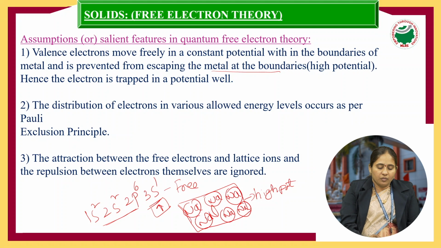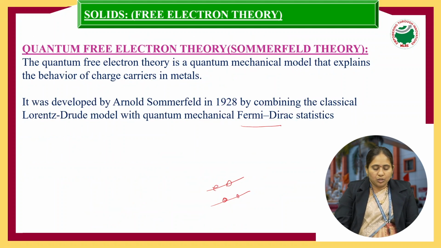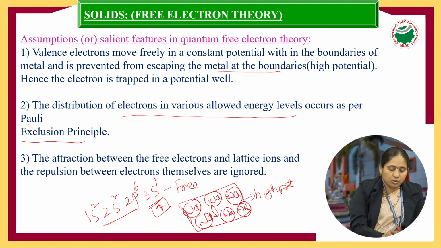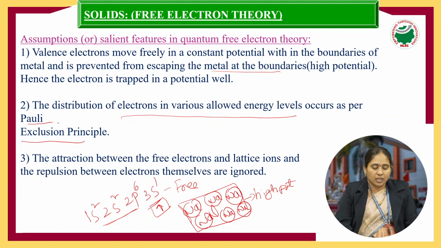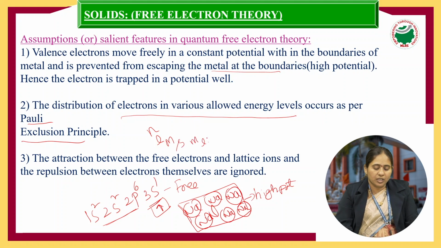The distribution of electrons in various allowed energy levels follows Pauli's exclusion principle. So here the assumption is FD statistics, and also Pauli's exclusion principle. What is Pauli's exclusion principle? No two electrons can have the same set of quantum numbers: the orbital quantum number, azimuthal quantum number, spin quantum number, and magnetic quantum number. One electron has four quantum numbers.